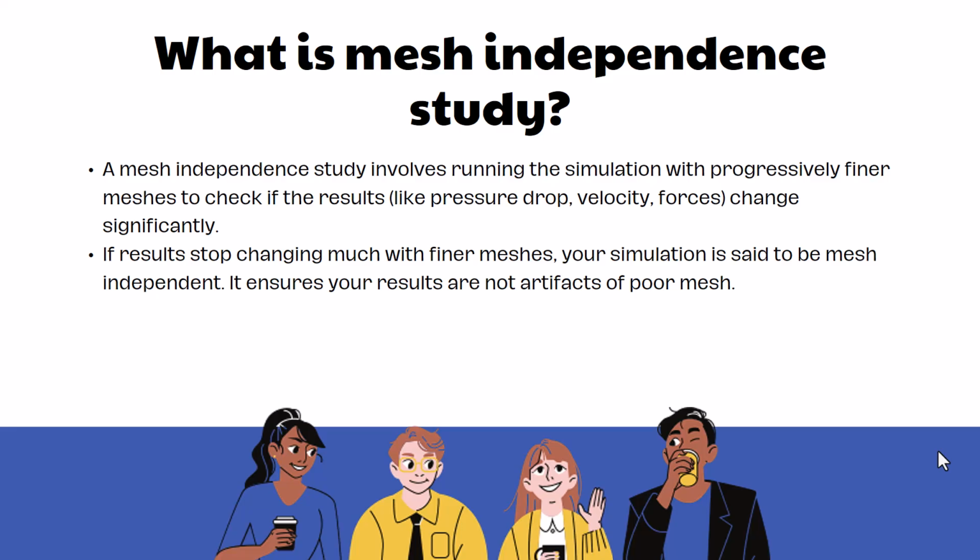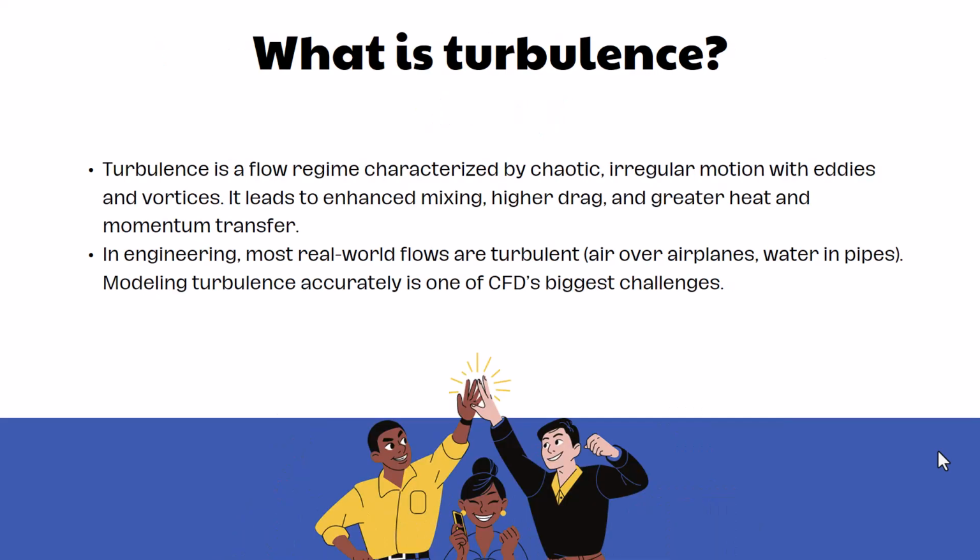By performing the solution on finer meshes in subsequent iterations, you judge whether your solution is mesh independent or not. If your values change over a finer mesh, then you have to perform the solution again and again in order to achieve the perfect solution. Running the solutions while changing the mesh is called a mesh independence study.